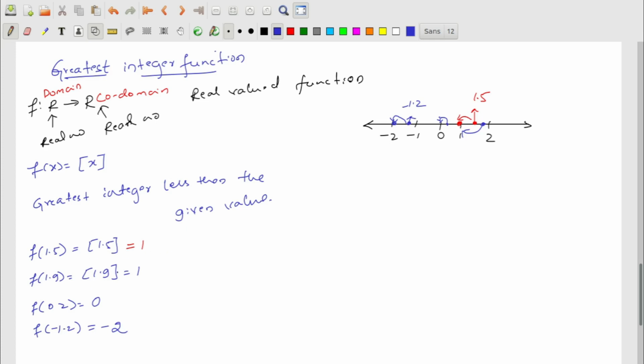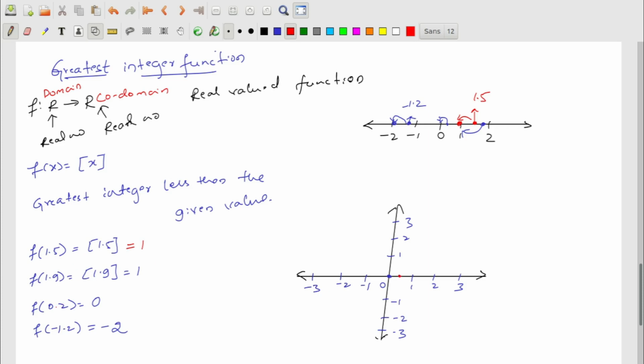This is how the greatest integer function is defined. If you want to put this data on a graph, let me take 1, 2 and 3 here, minus 1, minus 2 and minus 3, and then 0.